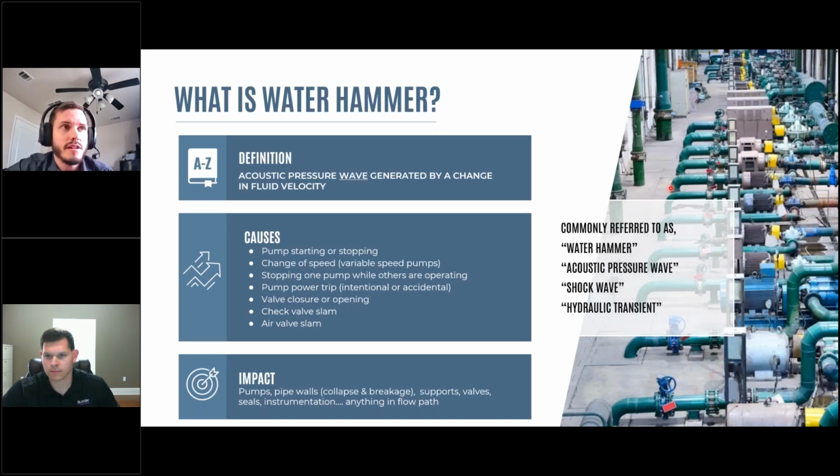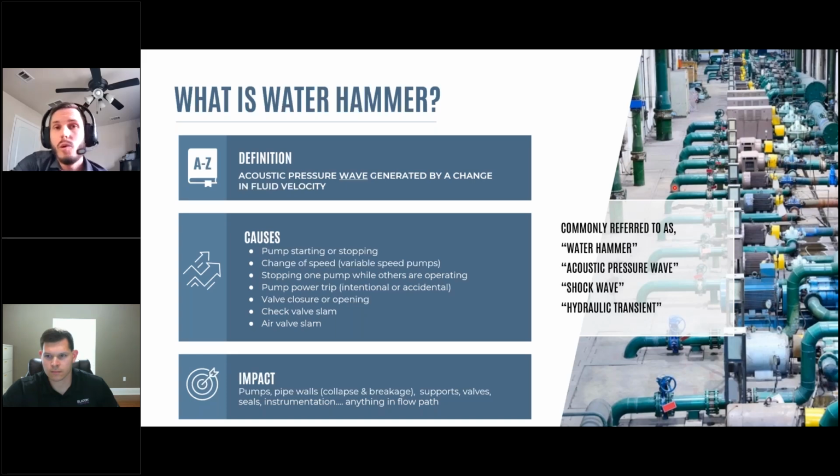So pump starts or stops, changing the speed of a pump if it's a variable frequency drive, if you stop one pump while others are operating, if there's a power failure and all your pumps trip, pump trips, intentional or accidental.